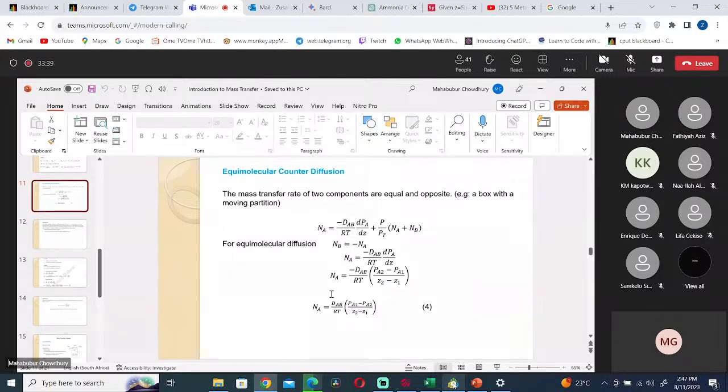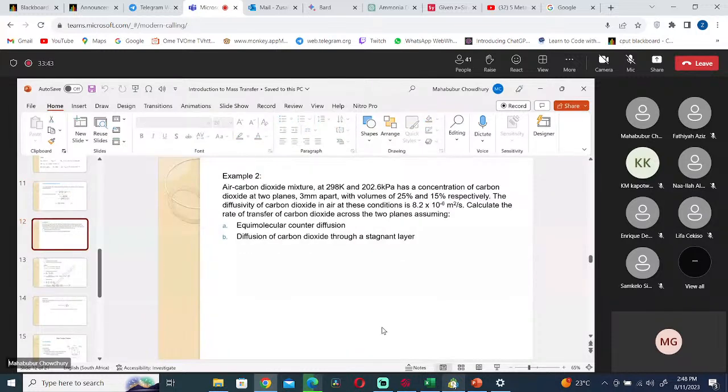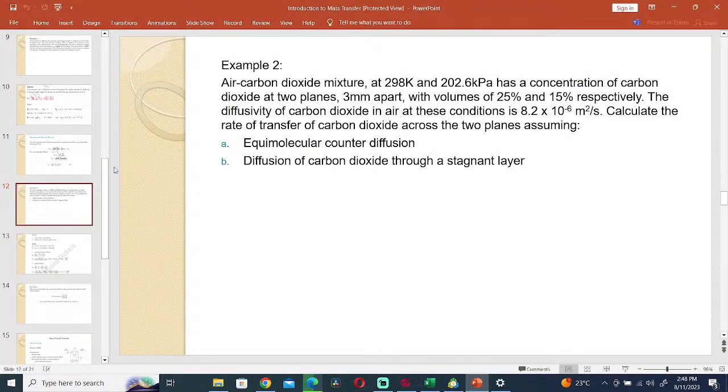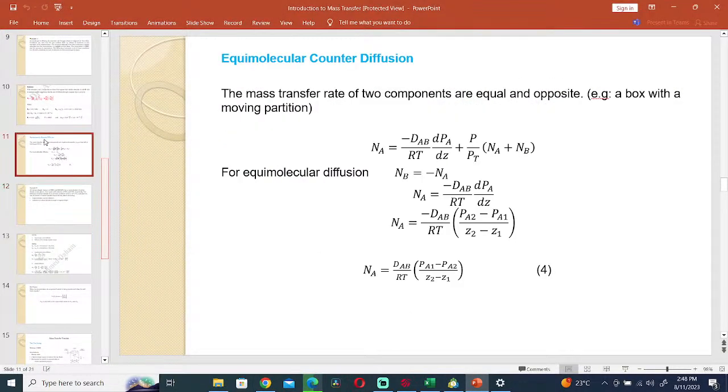Yes, sir. If that is the case, let's look at this example. Example 2 says that an air and carbon dioxide mixture at 298 Kelvin and 202.6 kilopascal has a concentration of carbon dioxide at two planes, 3 millimeter apart, with volumes of 25% and 15% respectively.